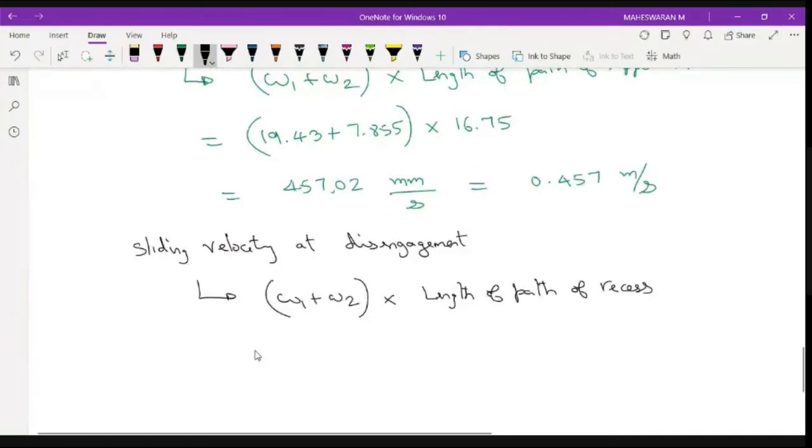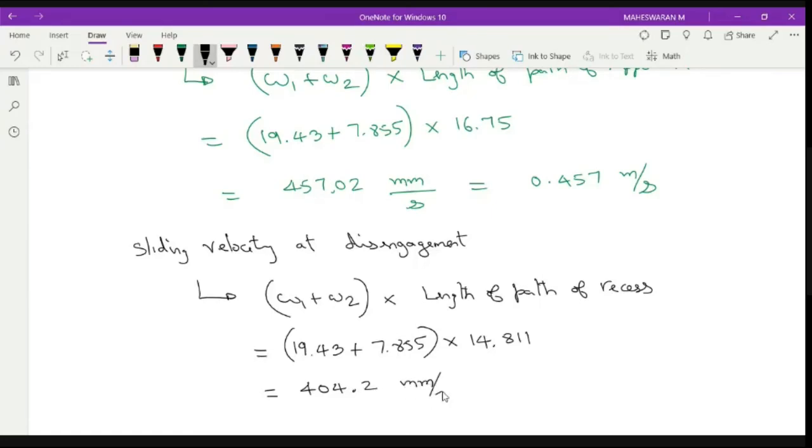So this is equal to 19.43 plus 7.855 into 14.811. The value is 404.42 mm per second, or approximately 0.404 meter per second.